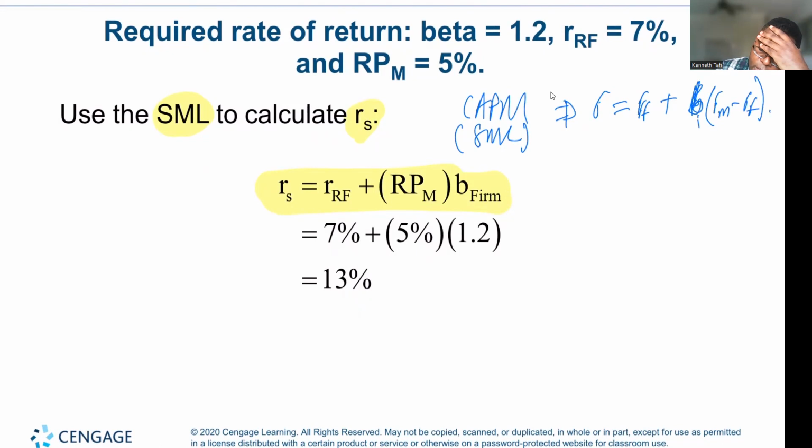So this is the risk premium, the market risk premium.